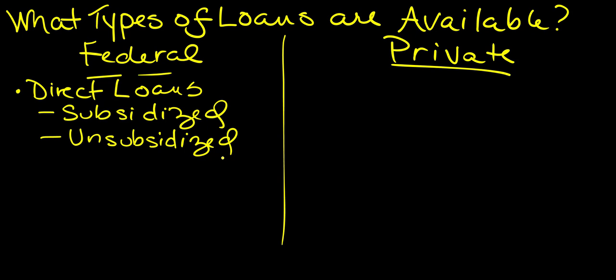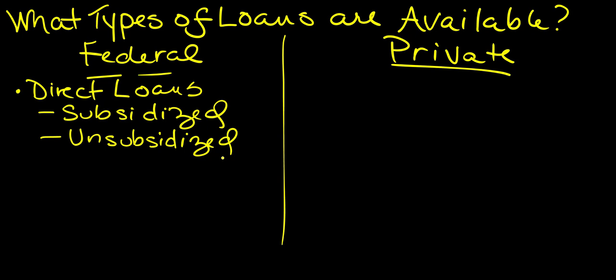Now, with an unsubsidized loan, you're responsible for any interest that accrues when you're in school and even afterwards. And if you're in school for several years, maybe you decide to go on to grad school, that interest that accrues could be substantial.